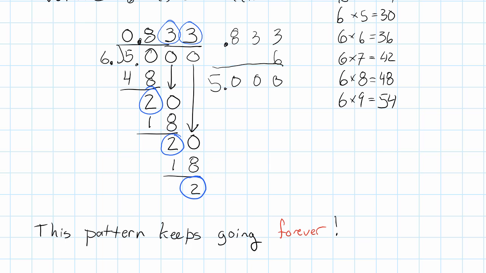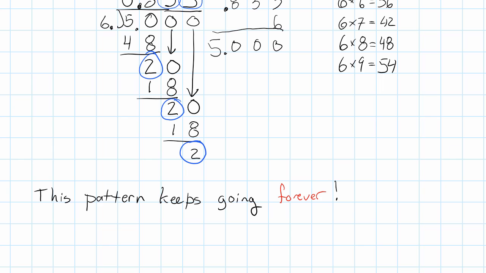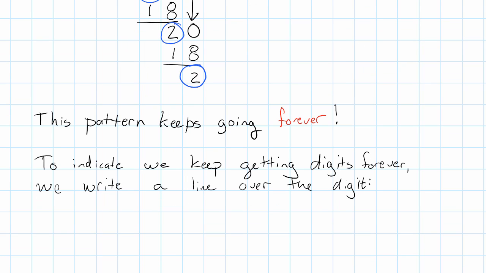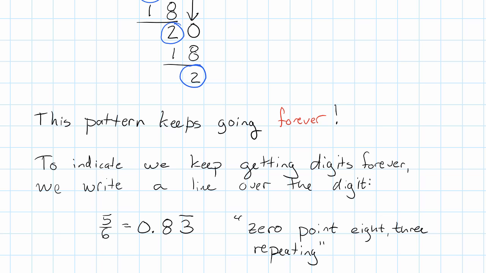But we need to somehow indicate that that 3 goes on forever. To indicate that a digit keeps repeating forever, we write a line over the digit or the digits that repeat. So we would say that 5/6 is equal to 0.83 repeating.